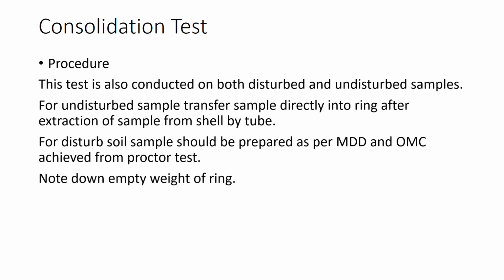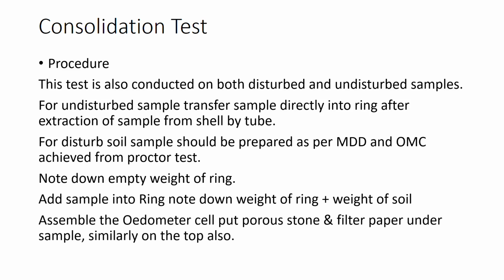First of all, you need to note down the empty weight of the ring, then put the soil sample in and note the weight of the ring plus the soil sample. Then you need to put the soil sample into the odometer, putting the porous disc and filter paper both on bottom and top.